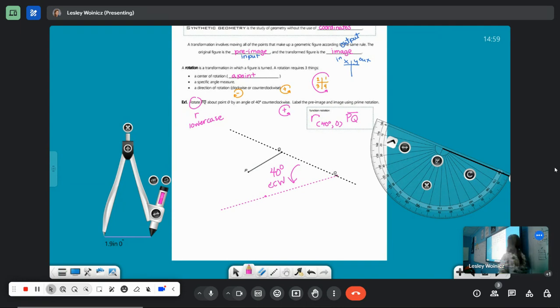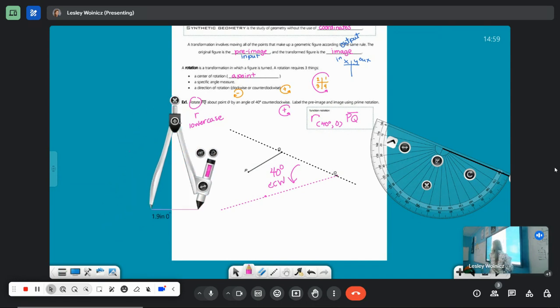Okay, now I can't just put Q anywhere on this line. I want to make sure it's the same distance from point O here, right? I can't just put Q prime anywhere. So this is when I need my distance copier.